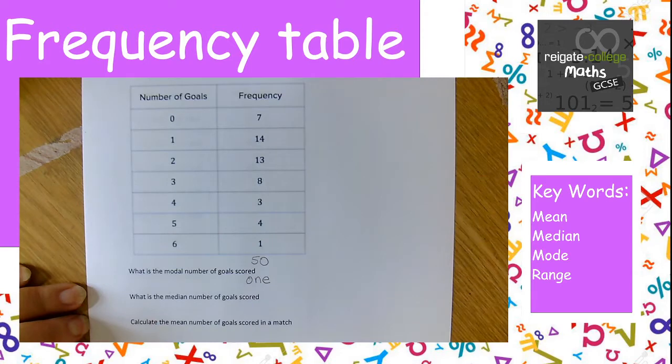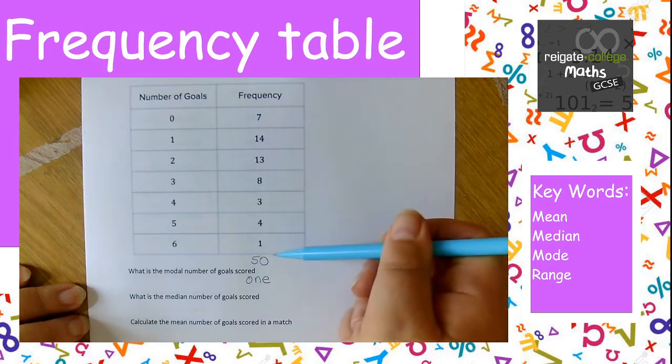The median number of goals scored is the number of goals that appears in the middle of the data. So again, I'm looking to the frequency column.